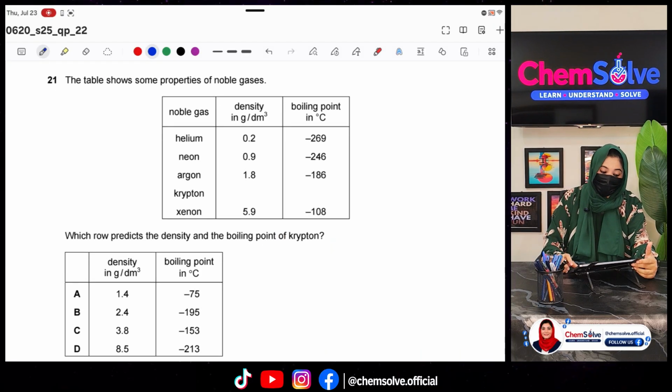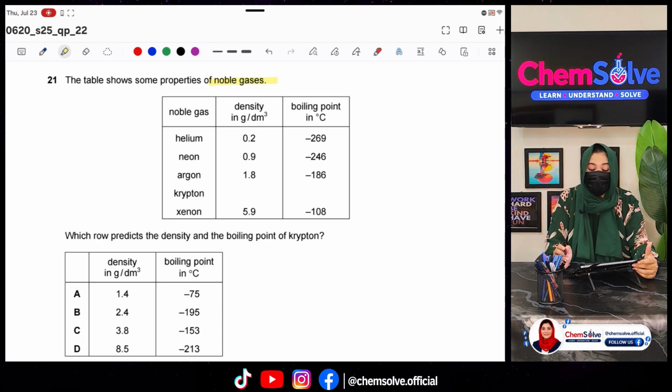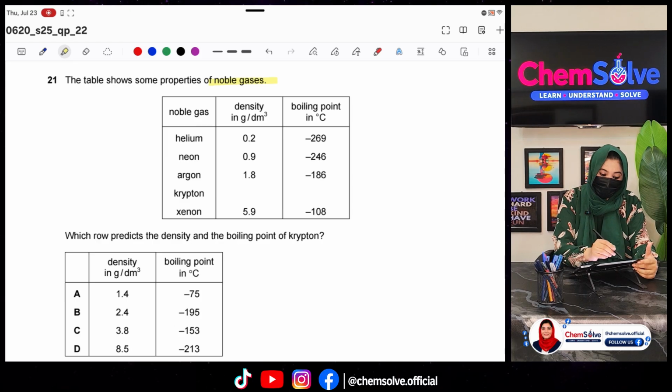So question number 21. Let's read the question. The table shows some properties of the noble gases. So what is going to happen here? You can see density.